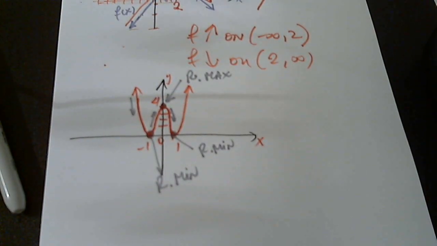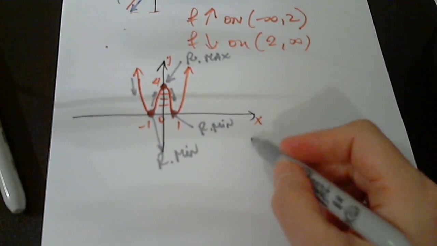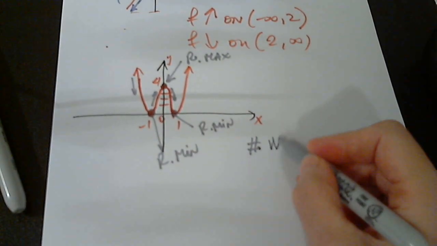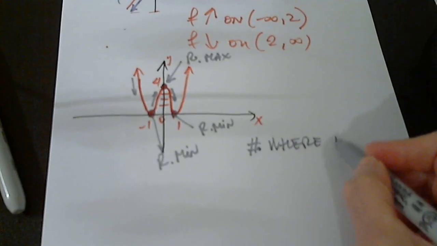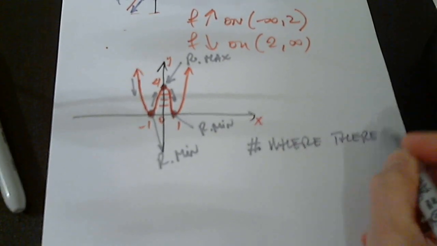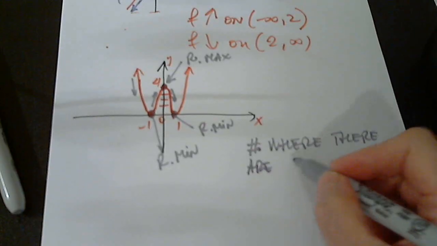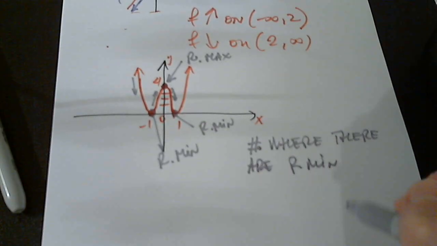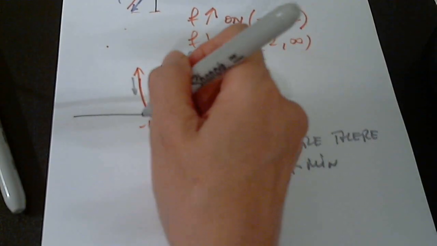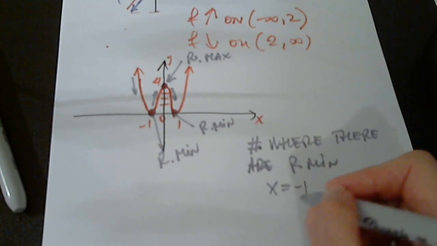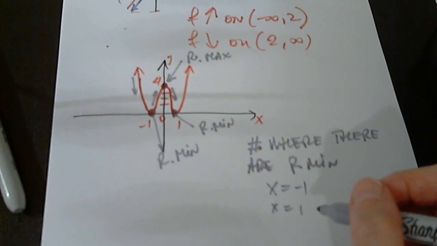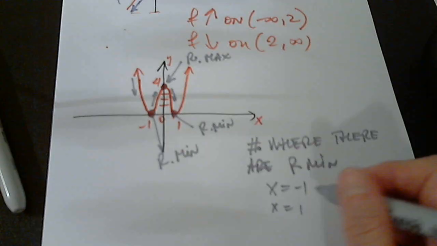Now we have to be very careful because the question has two parts. The numbers where there are relative min. Okay, I will say -1 and 1. They may ask you to put a comma. I don't know. You have to read the fine print when you enter the answer.